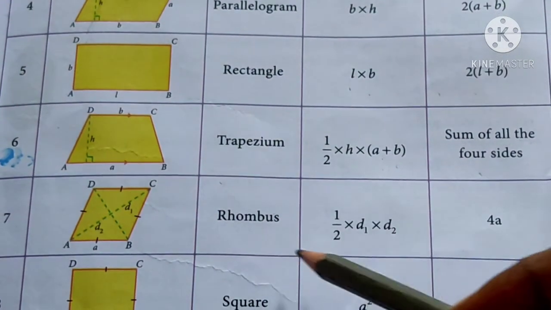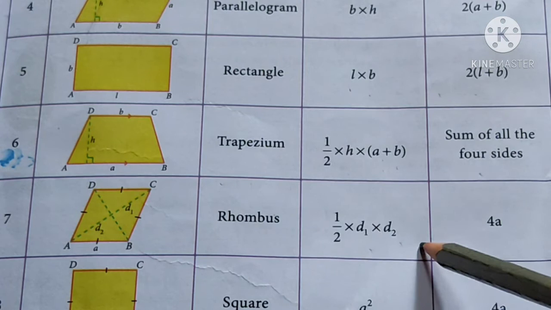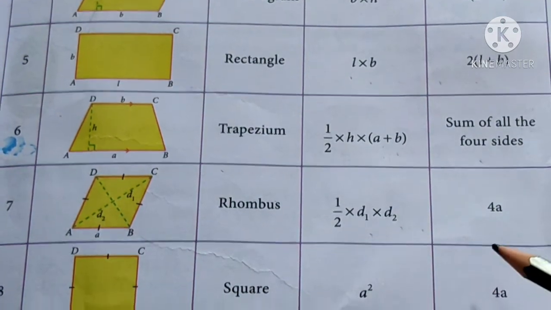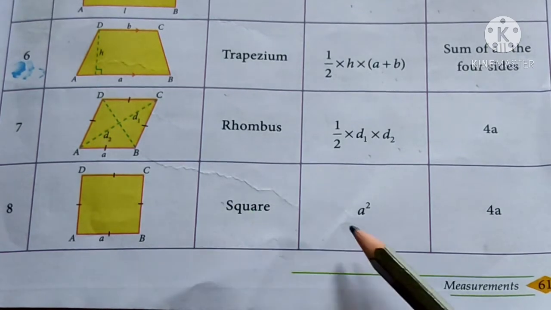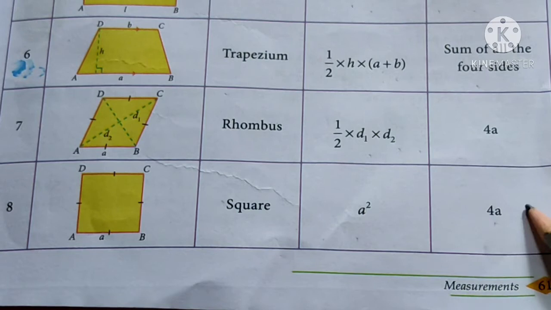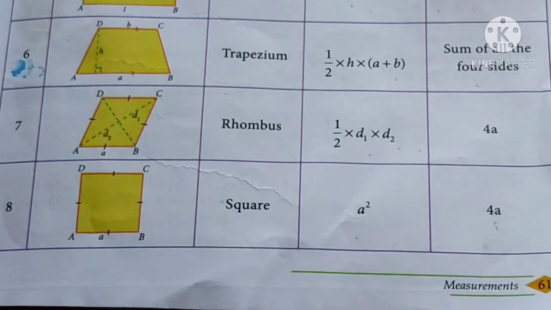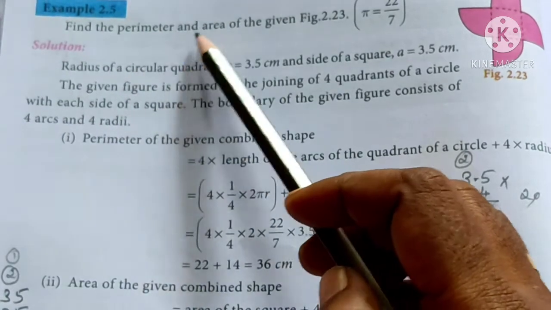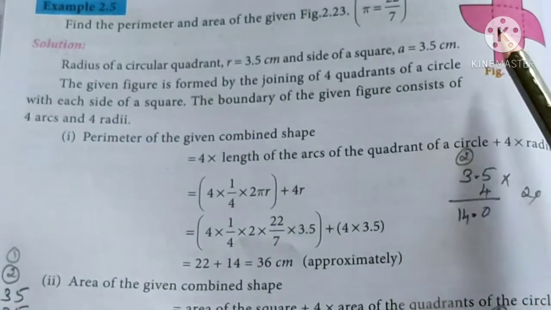Then rhombus is half into d1 into d2 and perimeter of the rhombus is 4a. Then square area is a square and the perimeter is, we add all four sides, so 4 into a.